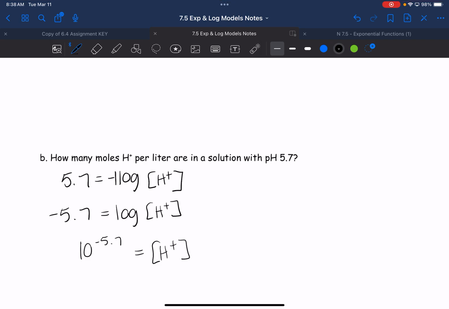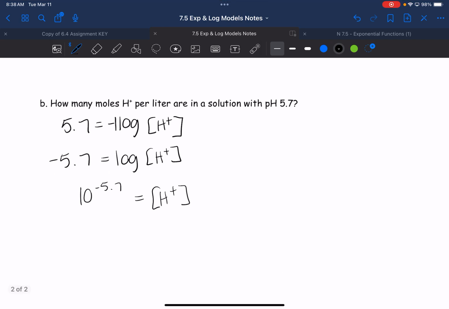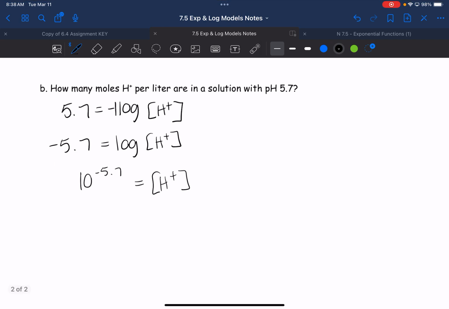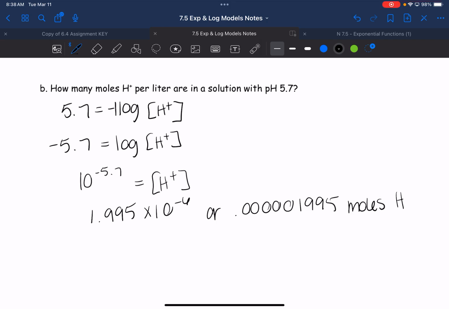It says to what power? -6? Okay, so in scientific notation, we'd have 1.995 times 10 to the -6, which really as a decimal means 5 extra zeros in front of that, right? So 1, 2, 3, 4, 5, 1.995 moles, right, was the unit.